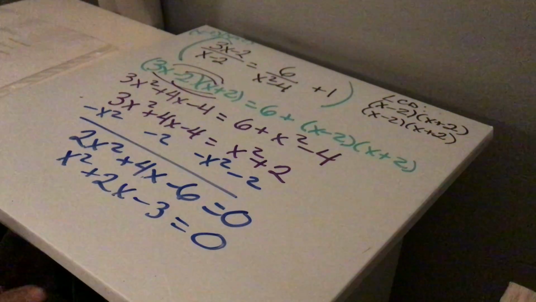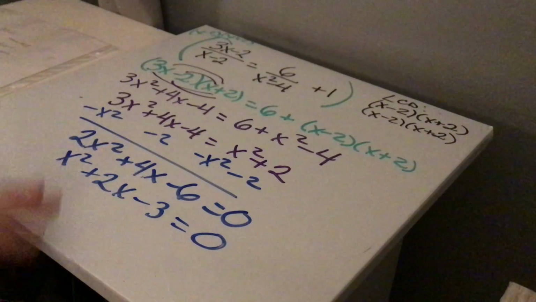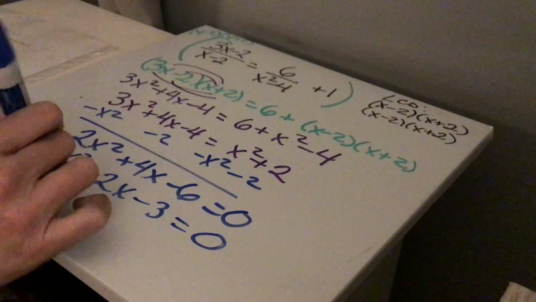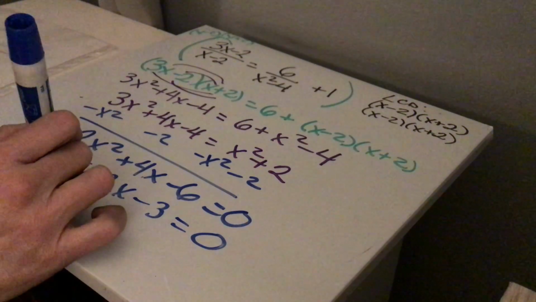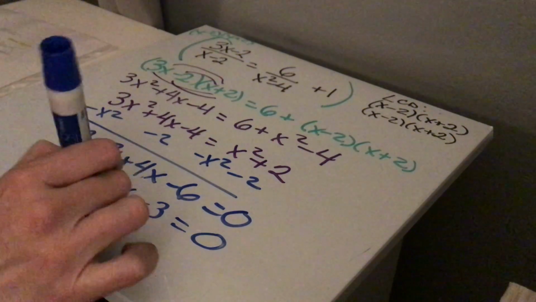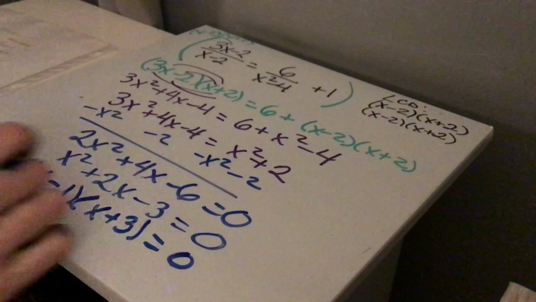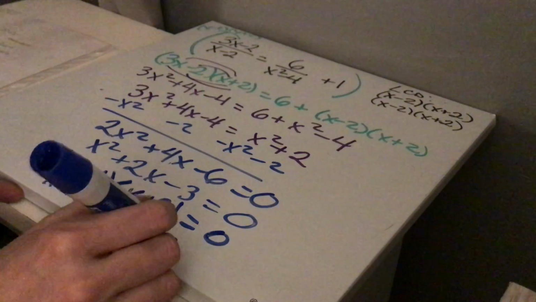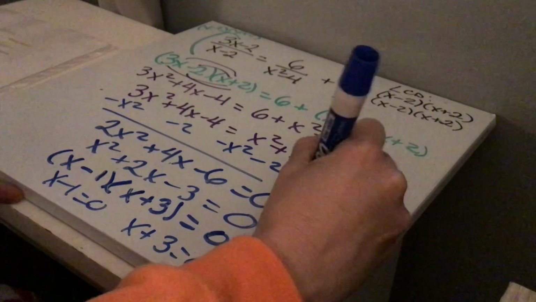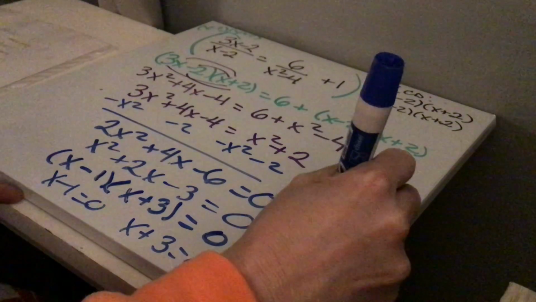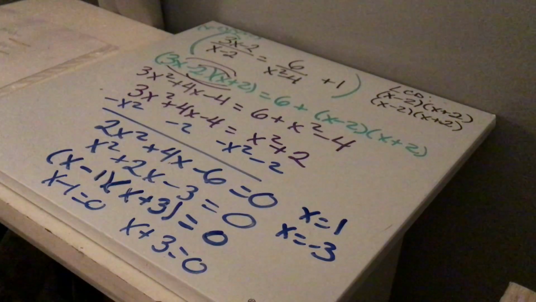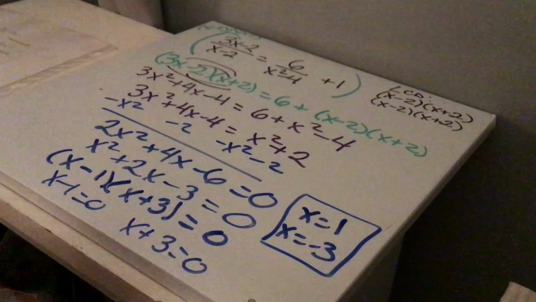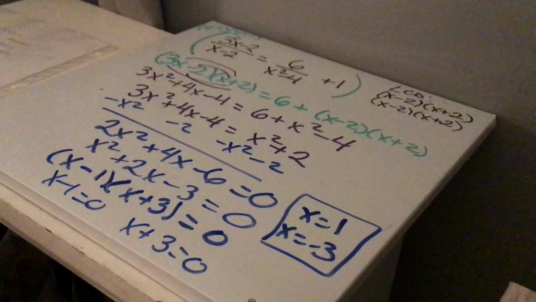It is slightly different in the notes. Either way works. And then factor. So factors of negative 3 that add up to 2 are going to be x minus 1 and x plus 3. And then solve. So x minus 1 equals 0, x plus 3 equals 0. So we get that x equals 1 and negative 3. Have to go back and check, and they're both going to work. So our solution is 1 and negative 3.